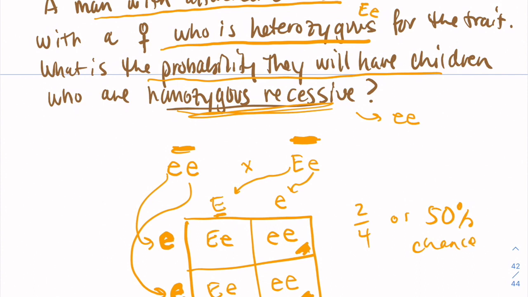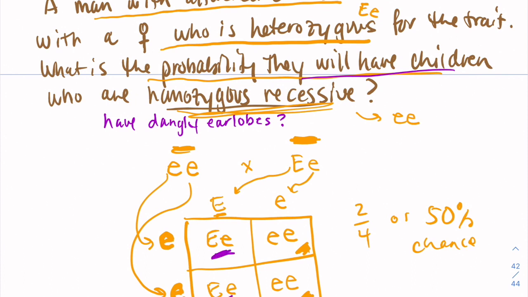What if I asked a different question? What if I wanted to know what is the probability that they will have children who have dangly earlobes? There we go. Dangly earlobes.